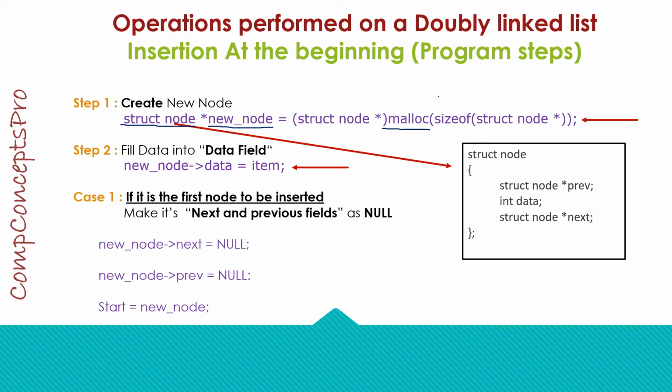In that case, we'll make both previous and next pointers of this node null. And finally, start equals new node, as this will be the first node of the list, so its address should be stored in the start pointer.